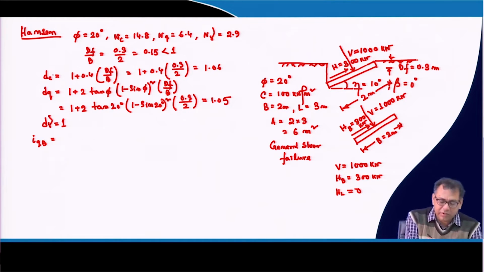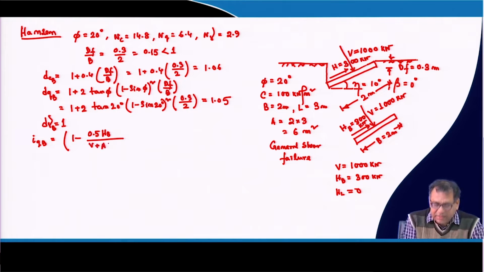Here also you can use dcB, dqB or d gamma B because these are B. So, this is 1 minus 0.5 HB over V plus A'Ca cot phi, or A, both are the same because it is not eccentric loading, to the power 5. As I mentioned, if nothing is mentioned in the problem, I will use 5.